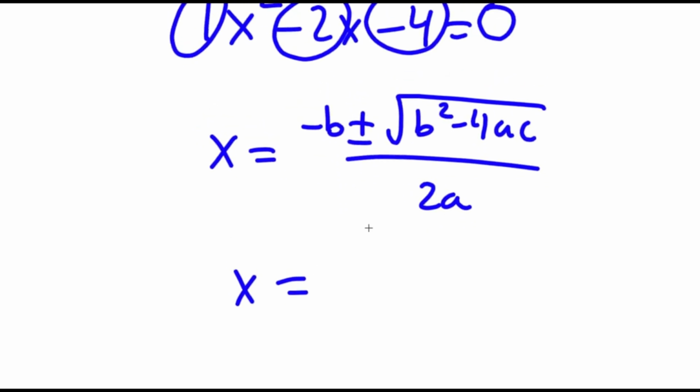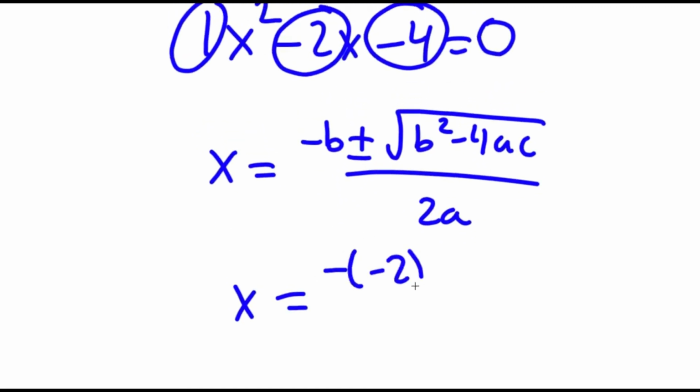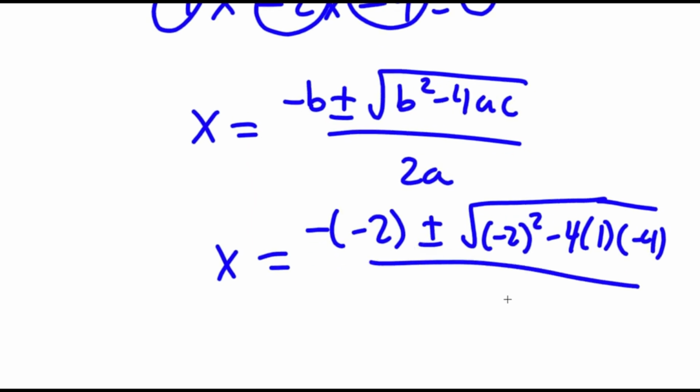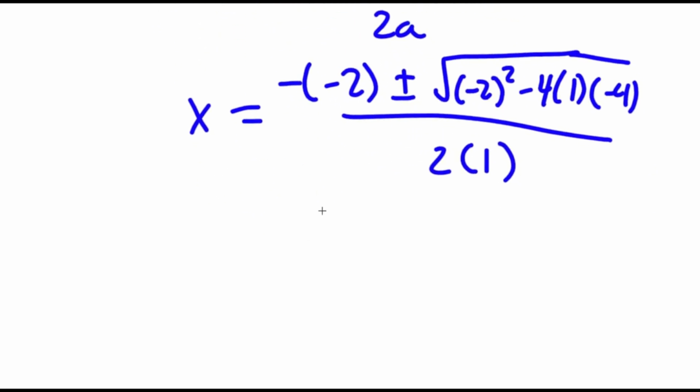So I have x is equal to -(-2) plus or minus the square root of b squared, so -2 squared minus 4 times a, which is 1, times c, which is -4. And I have all of this over 2a, so 2 times 1.